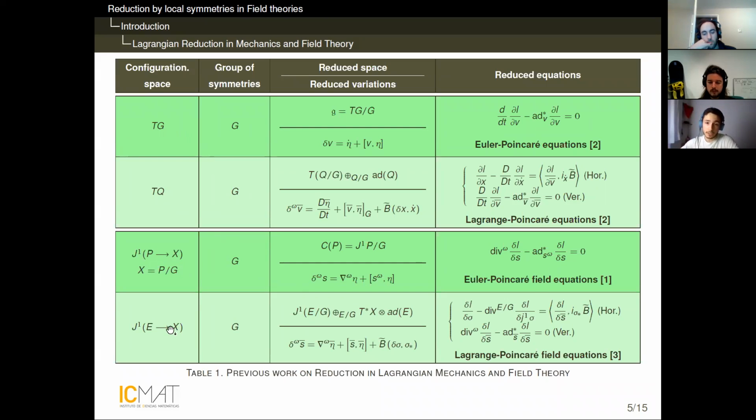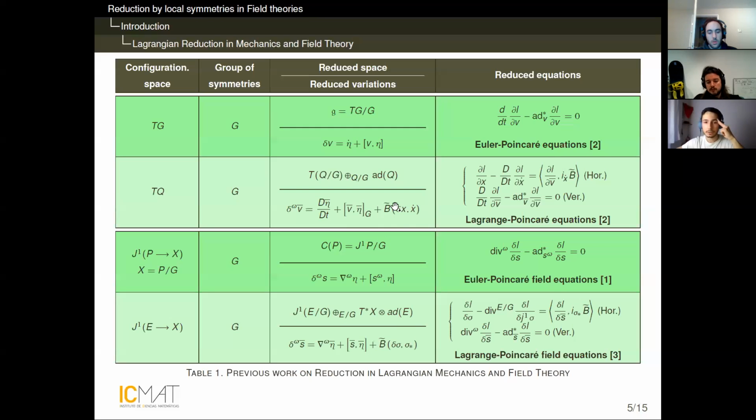I'd like to note two things. The first one is the one I said in the previous slide. The reduced spaces, which are these ones, are not tangent spaces or first jet spaces in the case of field theory, but something slightly different. For example, in this case, we have the first jet of the quotient bundle, but we also have an additional term here. Or for example, here we have the bundle of connections of this principal bundle.